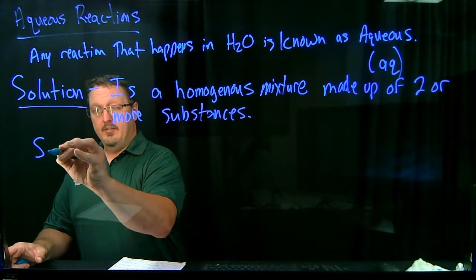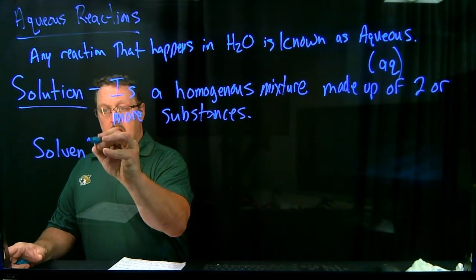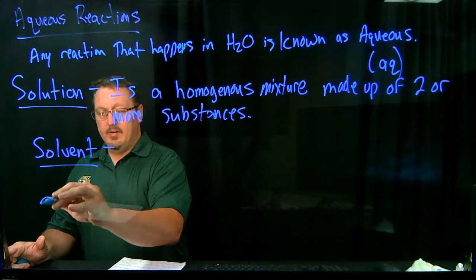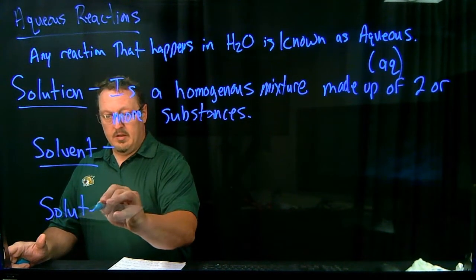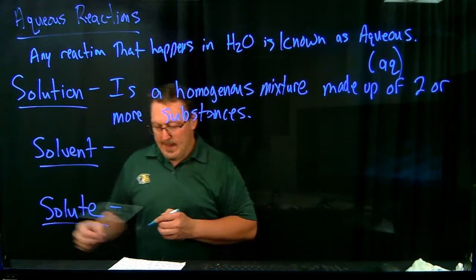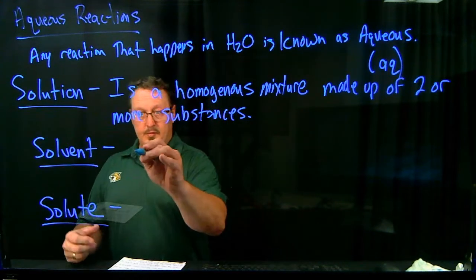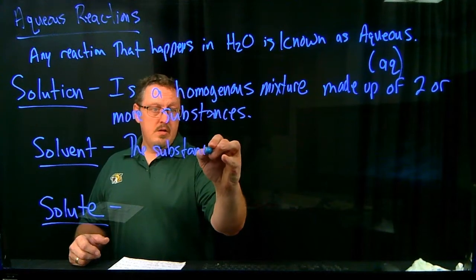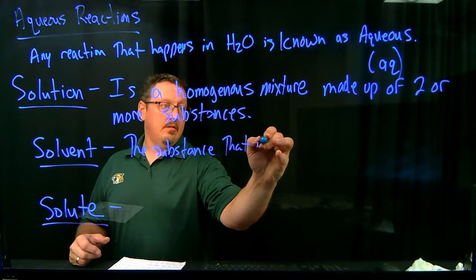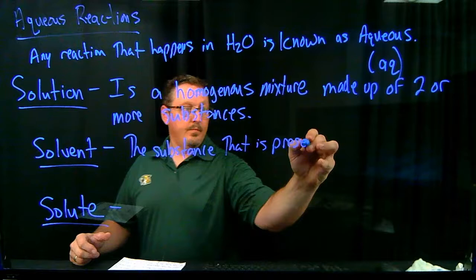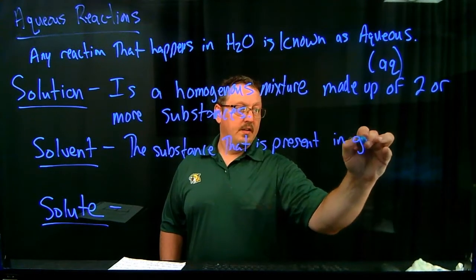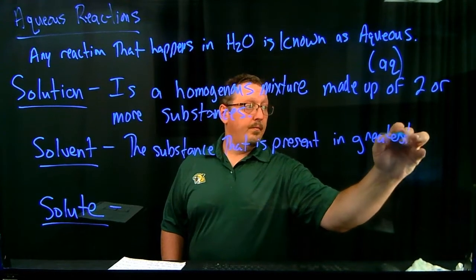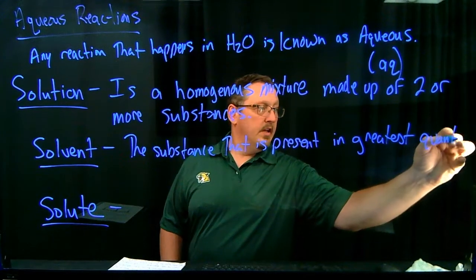Okay, a solution is made up of pieces. It's made up of a solvent, and it's made up of a solute. A solvent is the substance that is present in the greatest quantity in the solution.